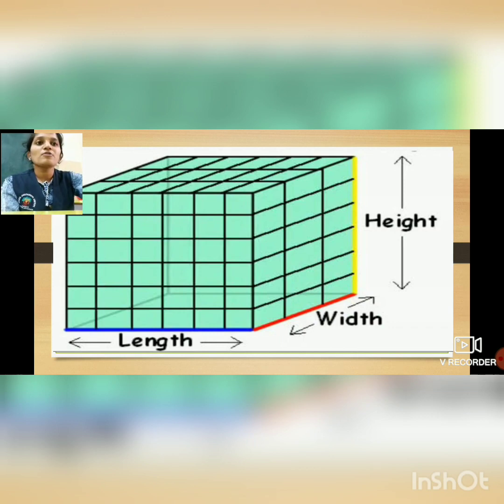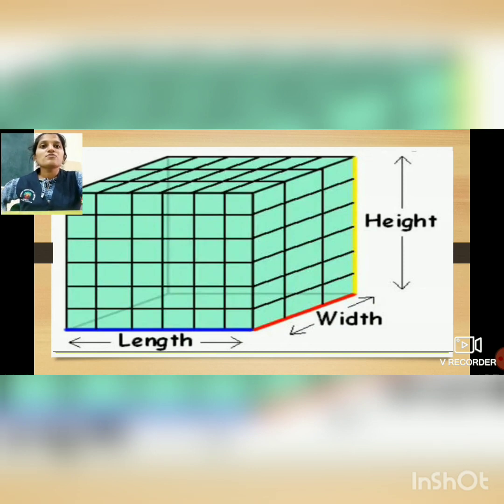So this was all about matter, and all the things which have space or weight are known as matter. We have seen what is meant by matter and the different properties of matter: it has space, it has weight, and it has volume also.